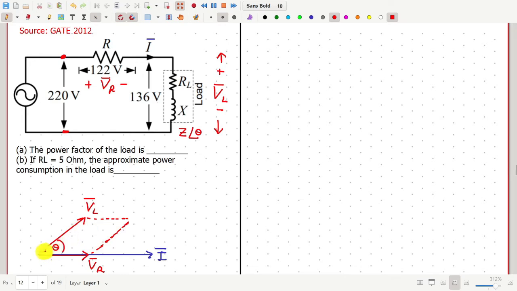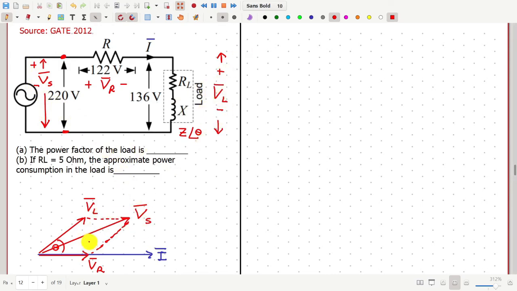Okay. So this will be the source voltage, Vs bar, phasor value of this source voltage. If we call it Vs bar from here to here, this side positive, this side negative.